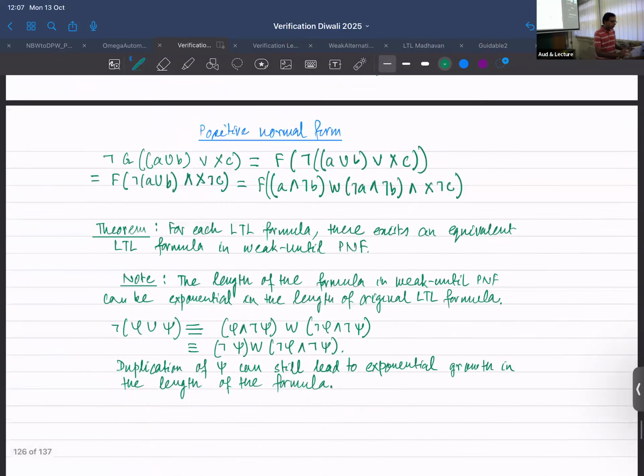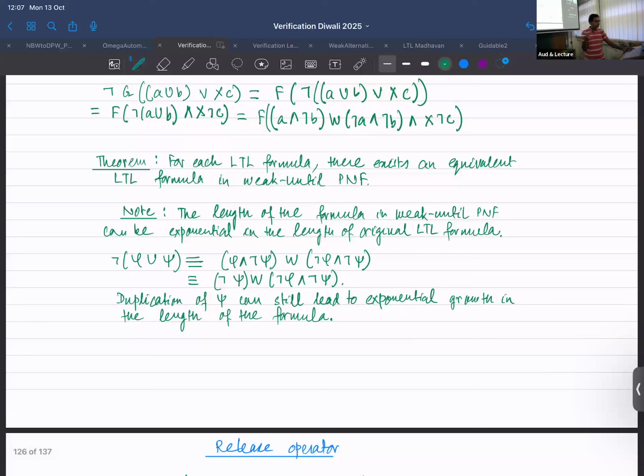So we are not going to formally prove it, but now I think it's clear to you. We can indeed formally prove it. So what we state is the following: for each LTL formula, the one that we started with, where we had just the until and negation over all phi's, not only is it not in positive normal form, but you allow the negation everywhere, on any arbitrary phi.